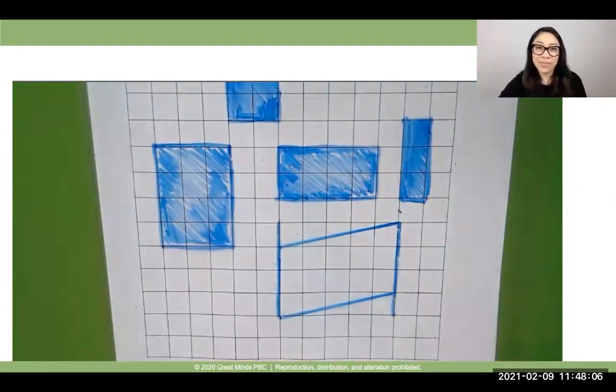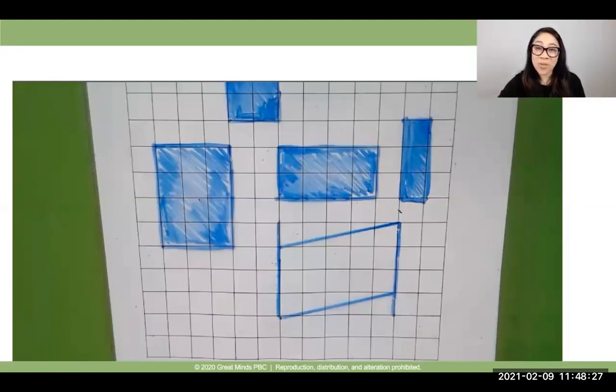Think. What changes could be made to our figure to make it a trapezoid that has only one set of parallel lines? Pause here and think of how we can change our figure to make it a trapezoid that has only one set of parallel sides.